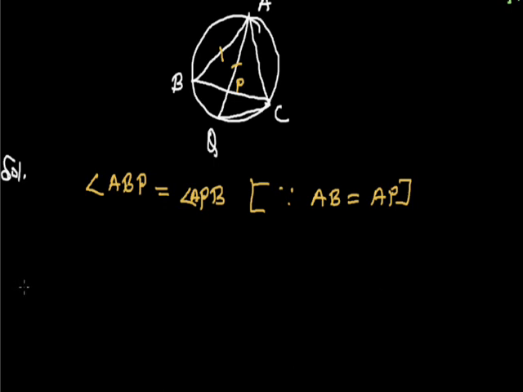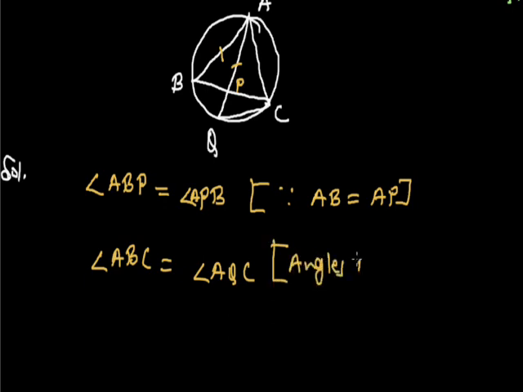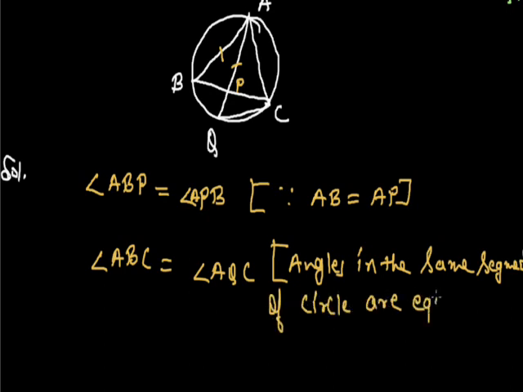But angle ABC is equal to angle AQC. Angles in the same segment of a circle are equal. So angle ABC is equal to angle AQC.